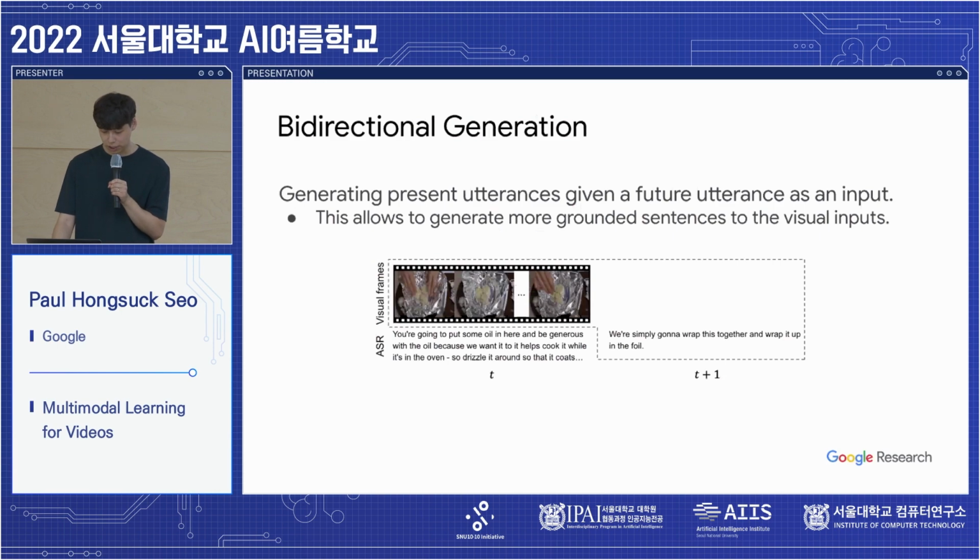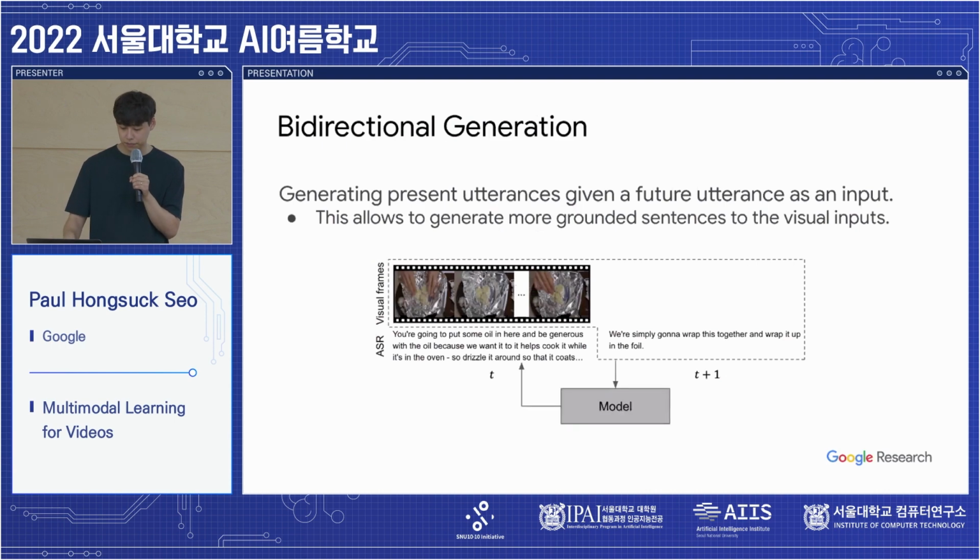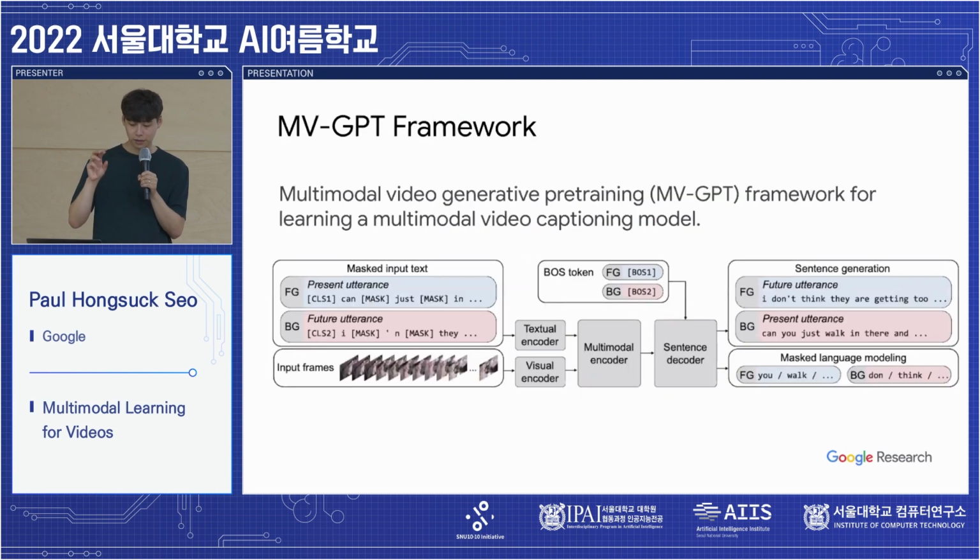In backward generation, the current visual frames and the next utterance are fed as the input, and the model predicts the current ASR. In this way, the generated target text is more grounded to the visual contents. This is our overall framework. We have forward generation and backward generation.